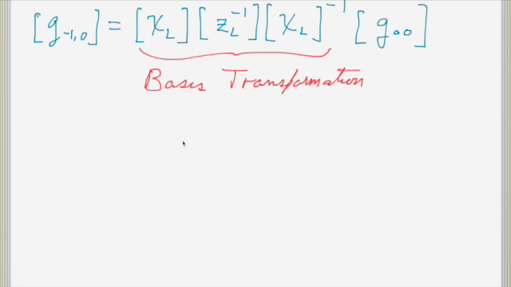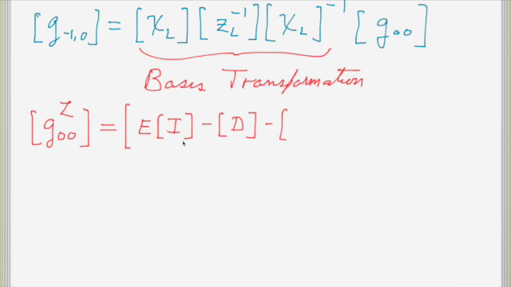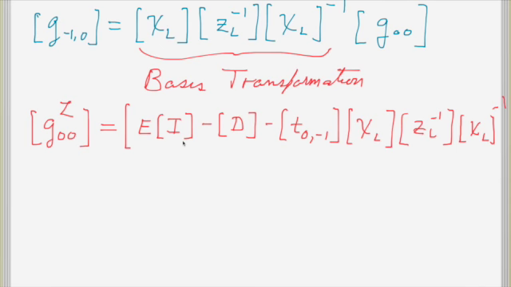And so the surface green function for your left lead is E times the identity minus D minus T 0 minus 1 chi left Z inverse, chi left inverse, and the whole thing inverted.